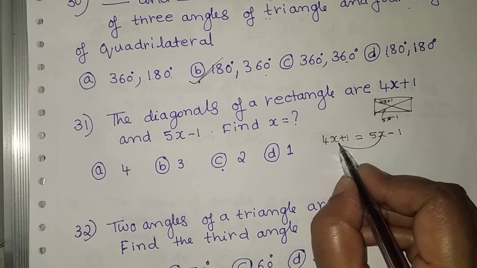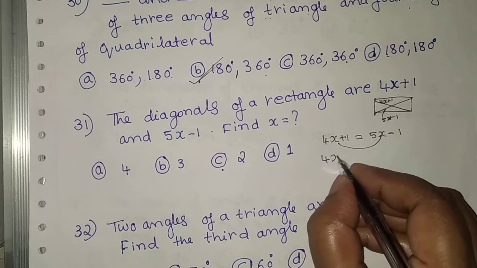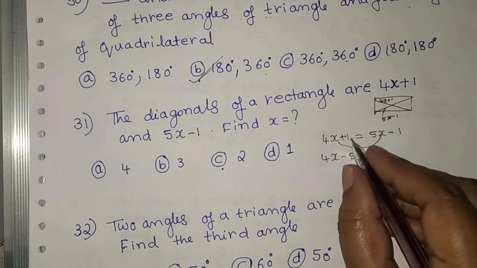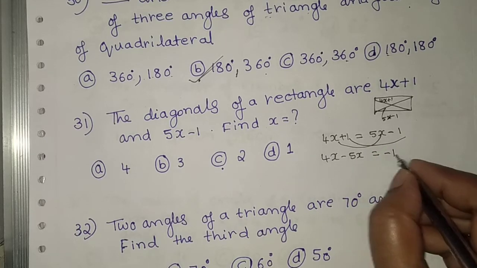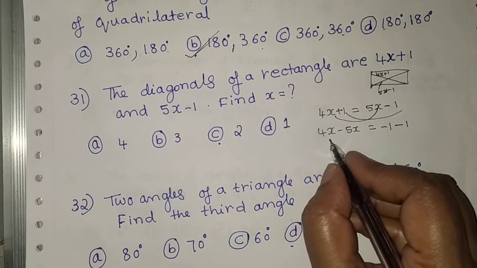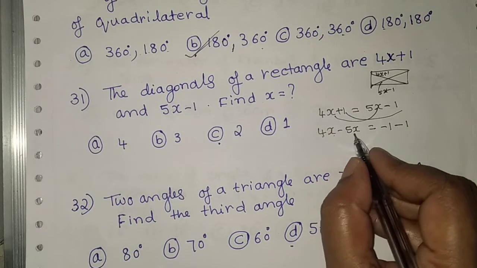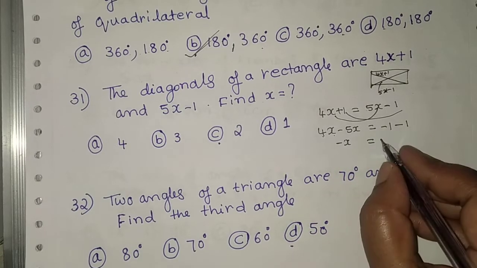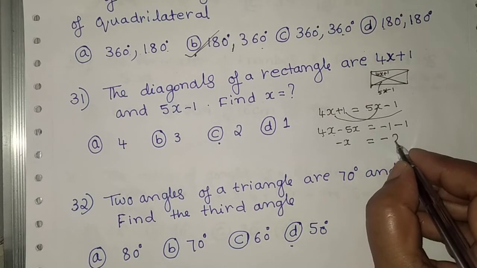So bring this to one side. So 4x minus 5x is equal to 1 comes to the other side, minus 1 minus 1. Simplify this: 4x minus 5x becomes minus x, and this becomes minus 2.